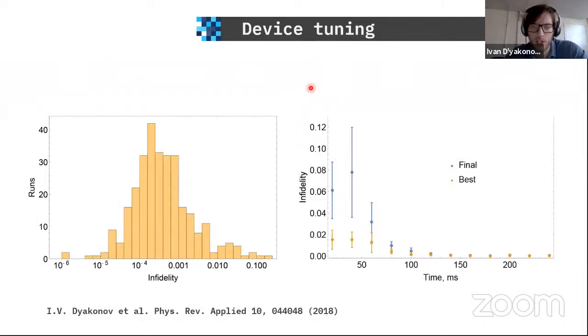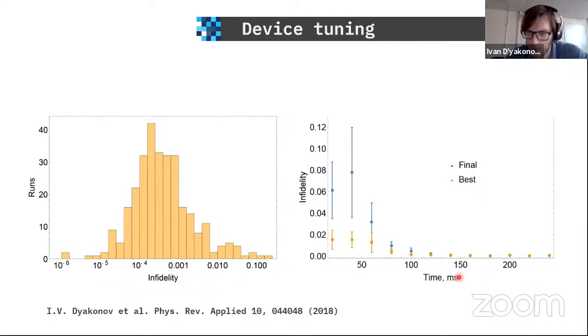If we generate these distributions arbitrarily, so these are some random distributions here, and this is the infidelity of the preparation of these distributions, the device works quite well. The average infidelity here is on the order of 10^-3, which for devices of this kind is quite good.